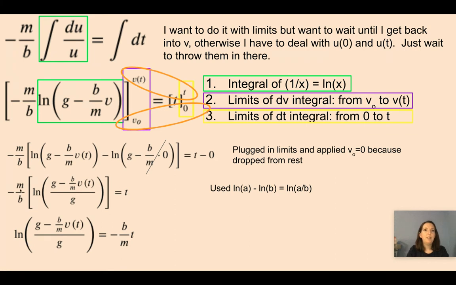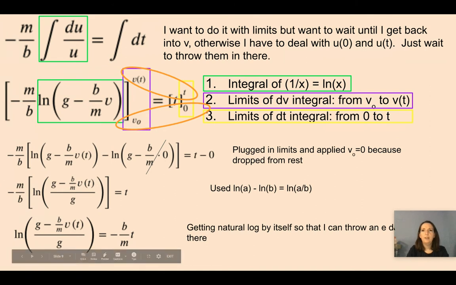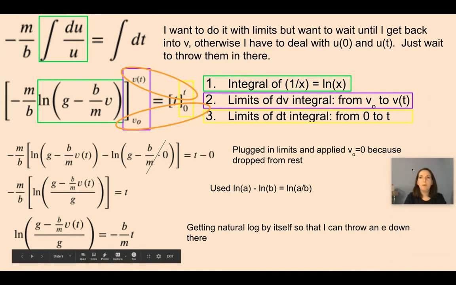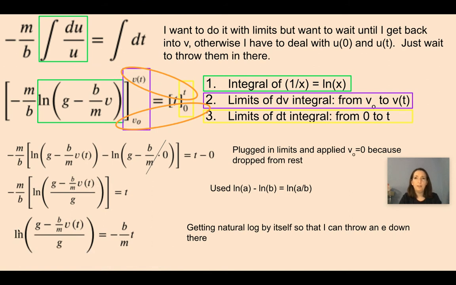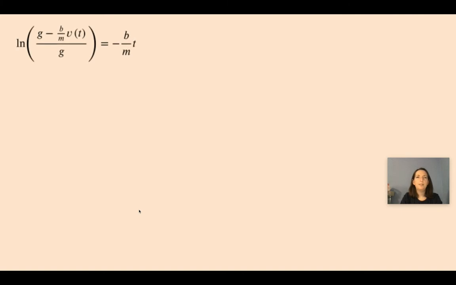Now I'm taking my negative m over b, I'm moving it to the other side because my point is that I want to get the natural log all by its lonesome so that I can throw an e down here and get rid of it. That's a glorious thing. Okay, that's that. I'm going to take that equation and move it up to the next slide.